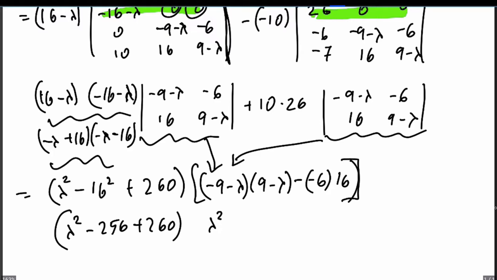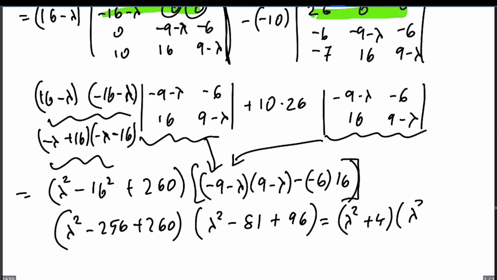So we're going to have lambda squared minus 9 squared, which is 81, and then plus 96. What we get is lambda squared plus 4 and lambda squared plus 15 as multipliers. So this is the characteristic polynomial. And actually the important trick here is not to multiply this out, because then it will be hard to factor it out in order to solve when we set this equal to 0.